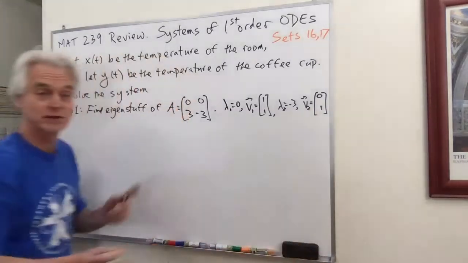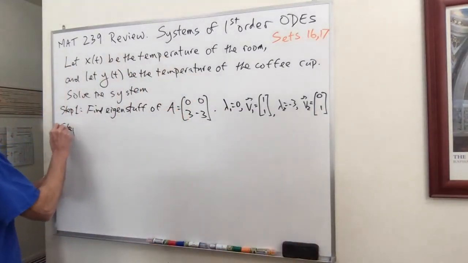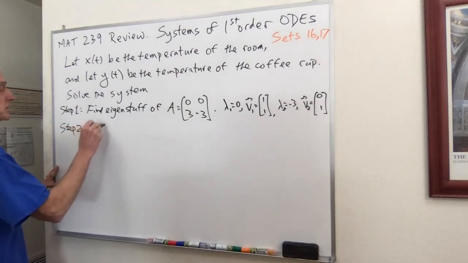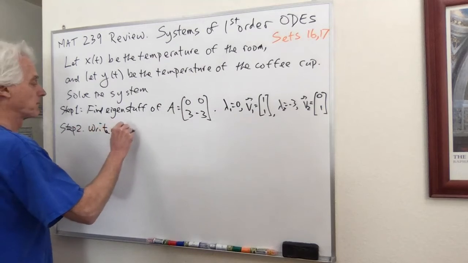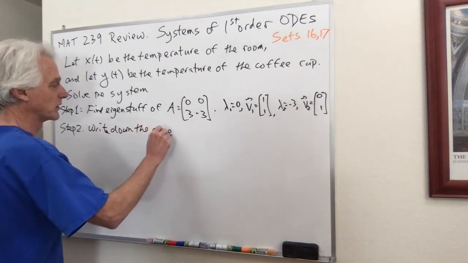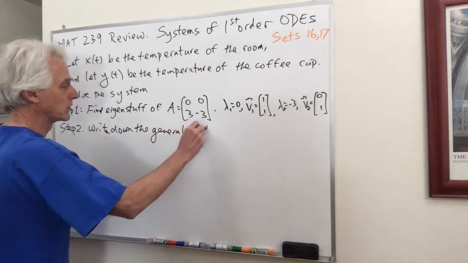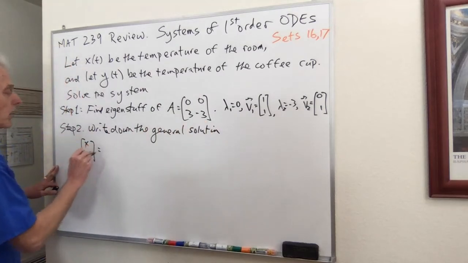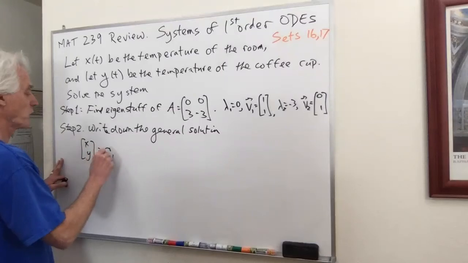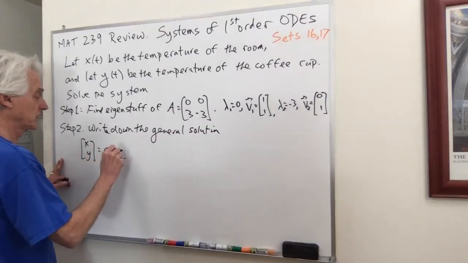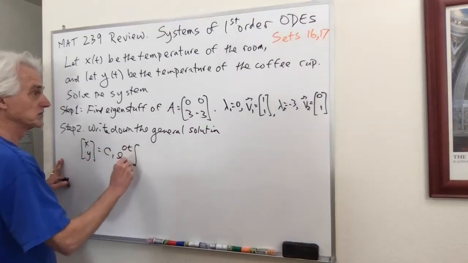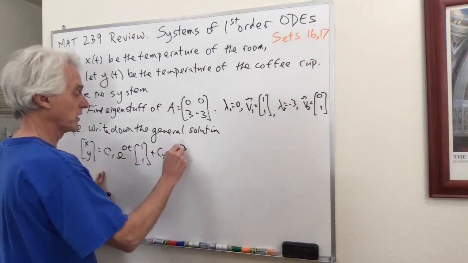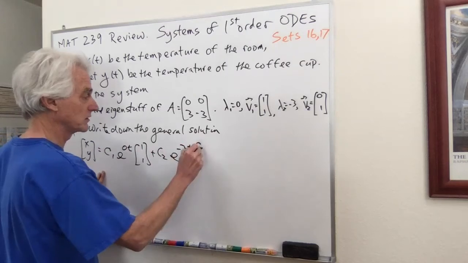All right, how you doing? So step 2, write down the general solution. And that's going to be (x, y) equals c1 e to the lambda 1 t, e to the 0 t, times v1, (1, 1), plus c2 e to the lambda 2 t, e to the minus 3t, times v2, (0, 1).